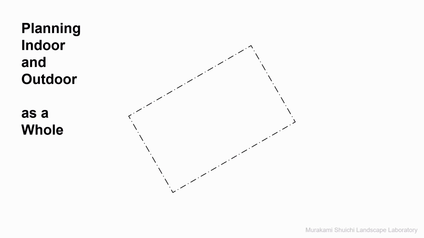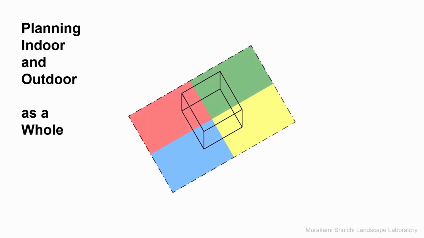On the other hand, instead of separating indoor and outdoor spaces from the beginning, there is another way of thinking. We can first see the entire site as a single continuous space, plan how people will live and act within it, and then decide which parts should be indoors and which should be outdoors.